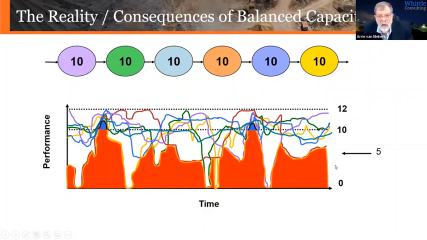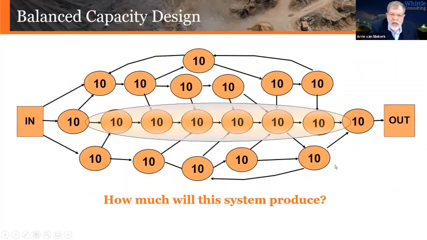And this is the real challenge. I think I've shown you here that the 6 resources in the center will produce only 5. How much will this system produce? Let's give it the benefit of the doubt and say this balance capacity system will produce maybe 4. How long will the shareholders man and equip you for 10 and you produce only 4? What will eventually happen? They will cut it.